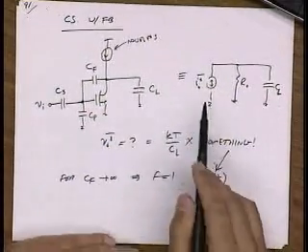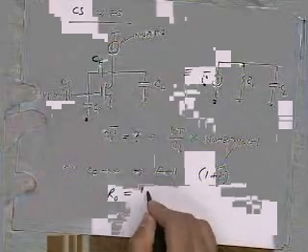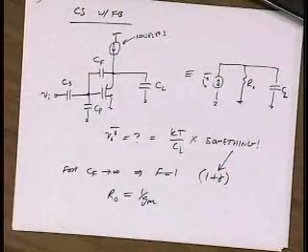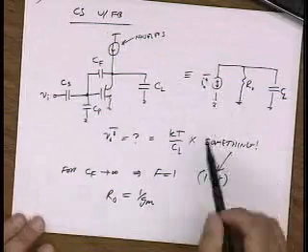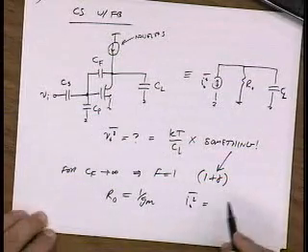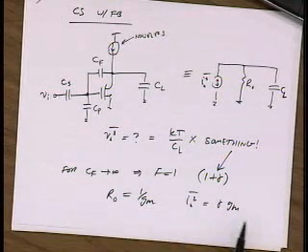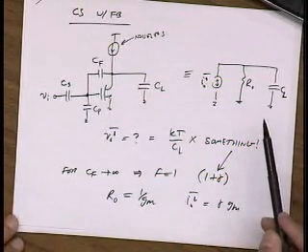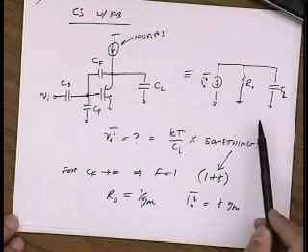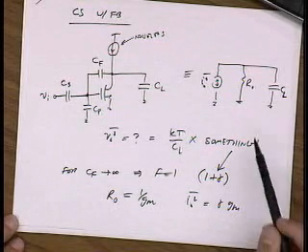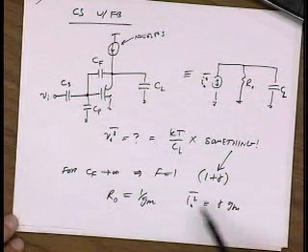So the way to think about this is that when F goes to 1, RO goes to 1 over gm, and this noise current, IO squared, is gamma times gm. So in this case, the noise bandwidth is very much related to the noise.